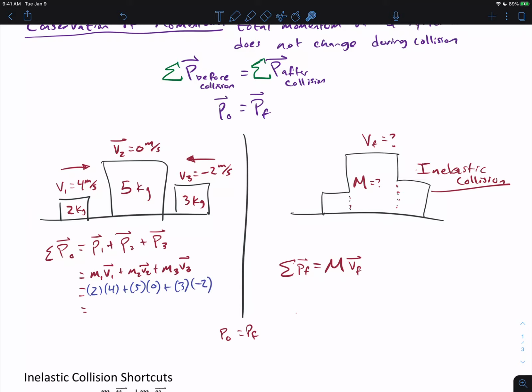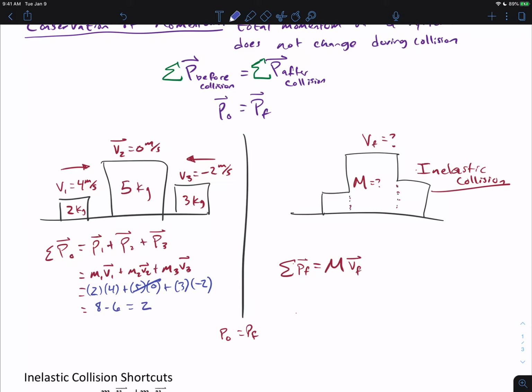So remember, the negative is very important. So when we add all of these up, remember that right here I have a 0, so 5 times 0 is going to go away. So all I need here is 2 times 4, which will give me 8, and 3 times -2, which will give me -6. So I should have 8 minus 6, which should equal 2.